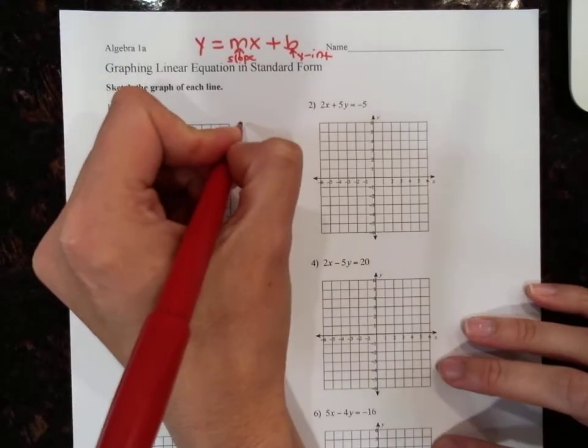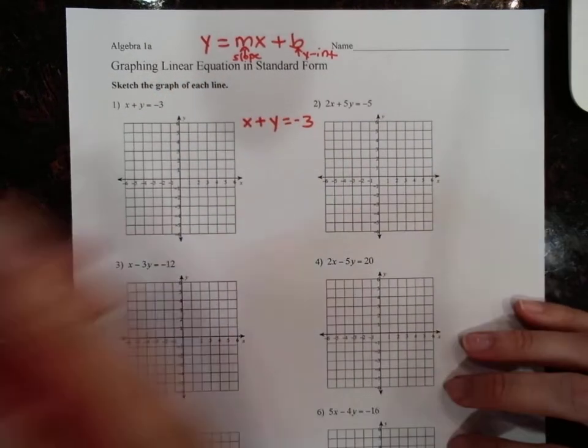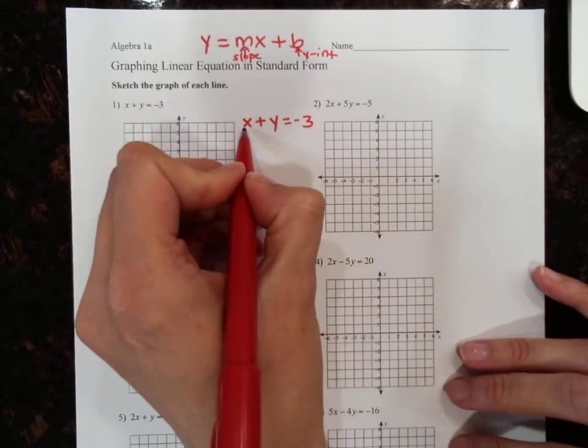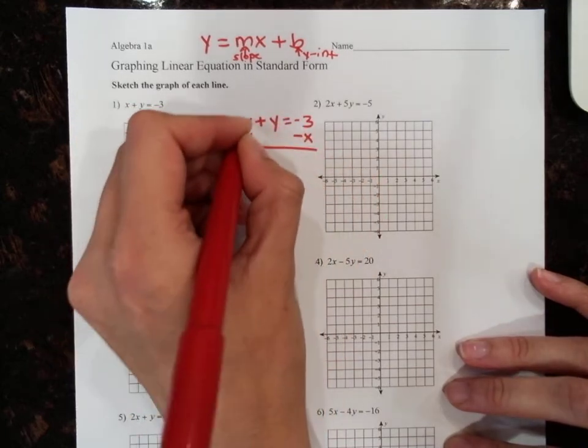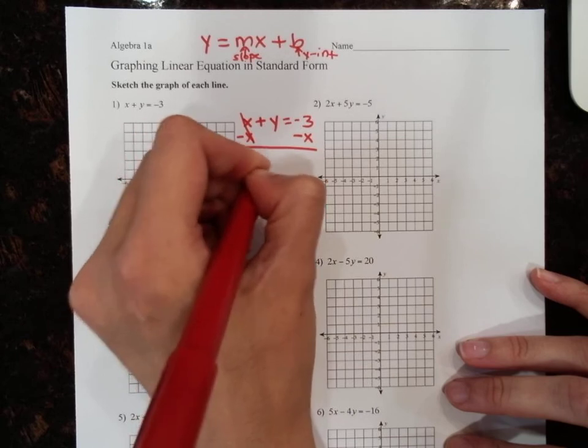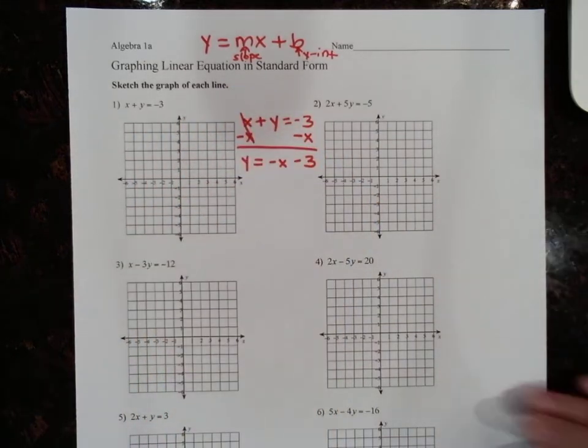We're going to need some space to do this. We have x plus y equals negative 3. We're trying to get y all by itself, which means I need to get rid of this x. So I subtract x from both sides, leaving me with y equals negative x minus 3.